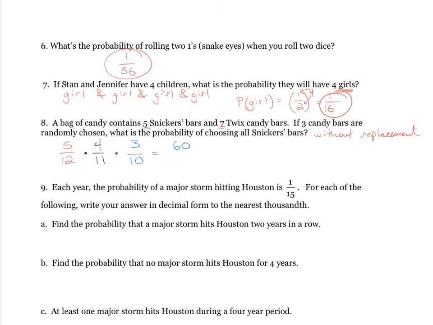If we multiply everything across the bottom, we get 1,320. We can reduce a 0, leaving us with 6 over 132, and we can divide each of these numbers, top and bottom, by 6 to get 1 over 22.